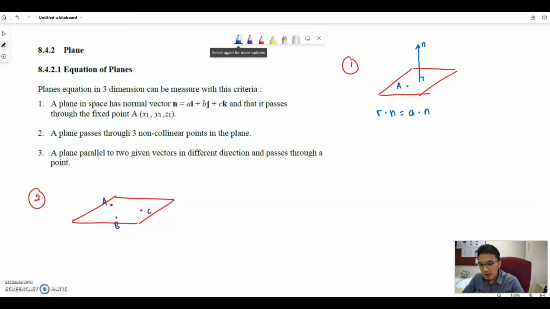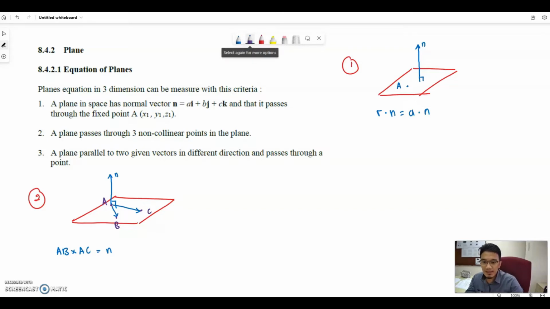By finding the vector of A to C, and then A to B, and doing a cross product between AB cross AC, we will have a vector n coming out from the point of A. So this vector n is perpendicular to the surface of the plane. That is criteria number two.